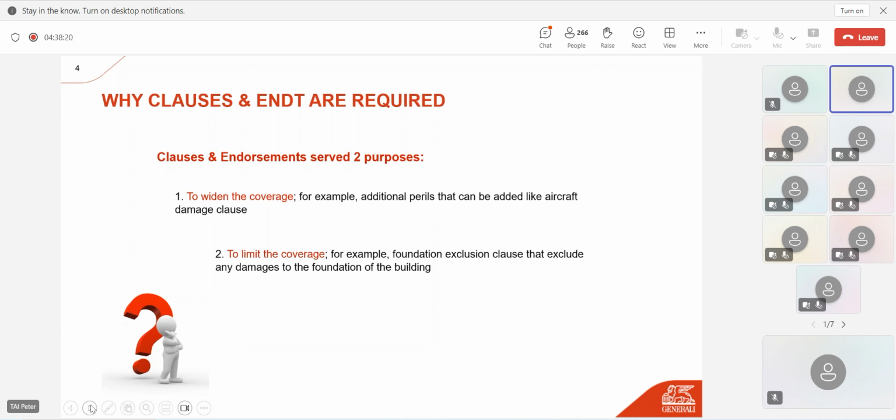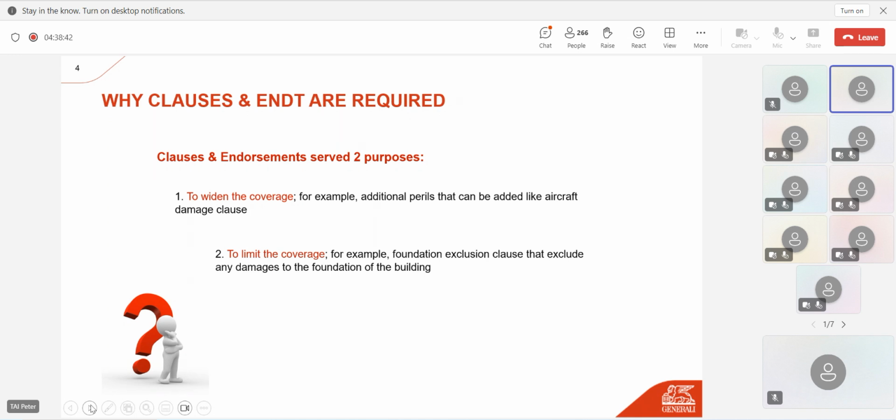One is to widen the coverage, and the other one is to limit the coverage. Okay, limit. Some are to totally take away the coverage. There are certain exclusions. But most of the time the endorsements or the clauses are there to protect the insurance company from catastrophic losses.